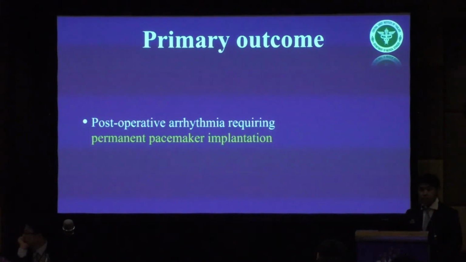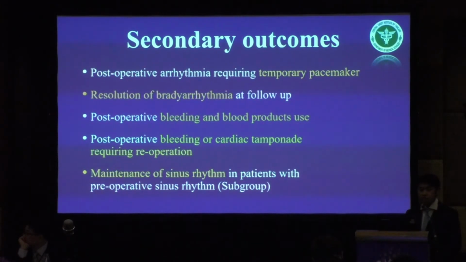The primary outcome is permanent pacemaker implantation, and secondary outcomes are temporary pacemaker use, resolution of bradyarrhythmia at follow-up, postoperative bleeding and blood product use, or bleeding reoperation, and maintenance of sinus rhythm in patients with preoperative sinus rhythm.